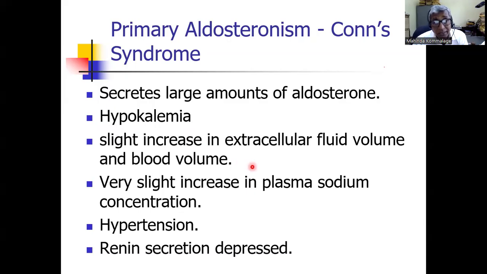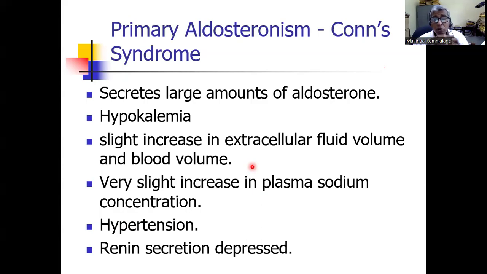Sodium reabsorption increases. With the sodium reabsorption, water also reabsorbs. So sodium concentration will not increase much because it will dilute with the absorbed water. But total blood volume will increase and the sodium level can increase slightly. But definitely total blood volume increases.